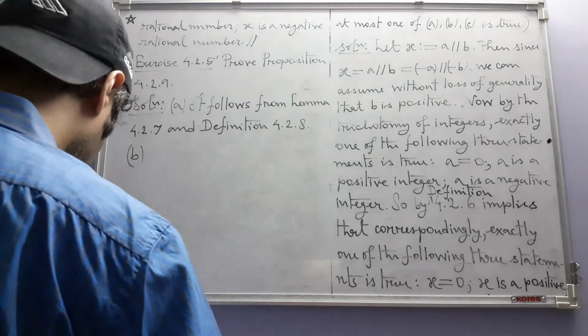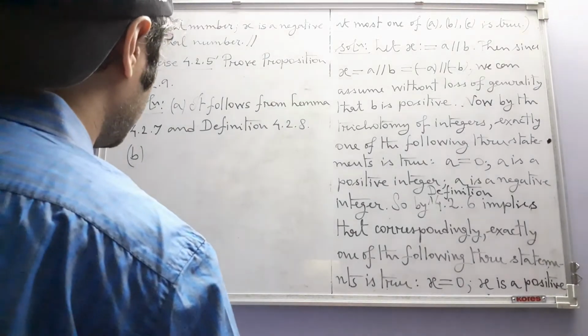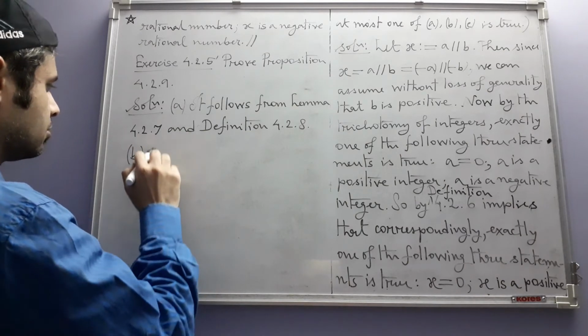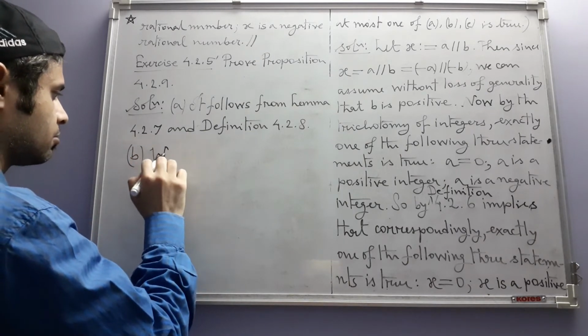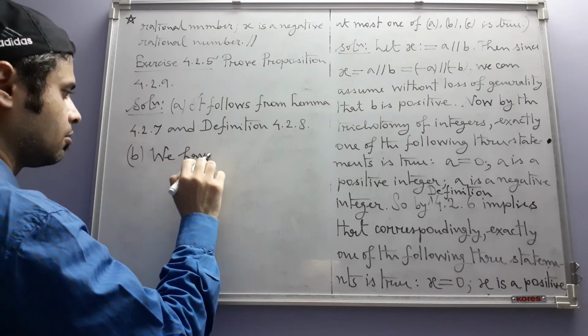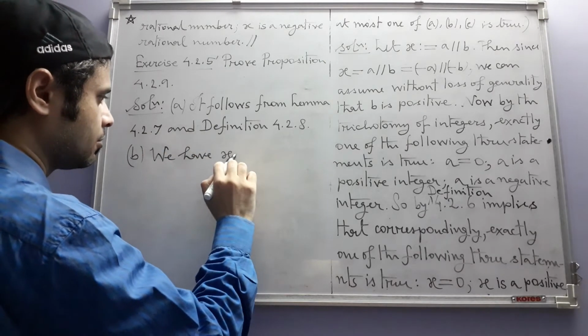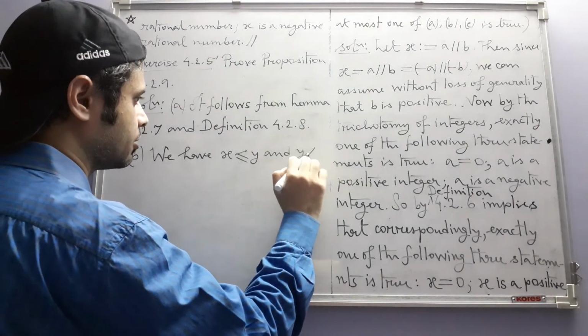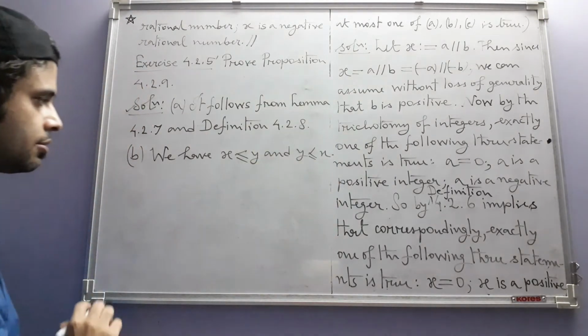Then part B. In part B, we have to show that order is antisymmetric. Okay, so we have x less than or equal to y and y less than or equal to x.